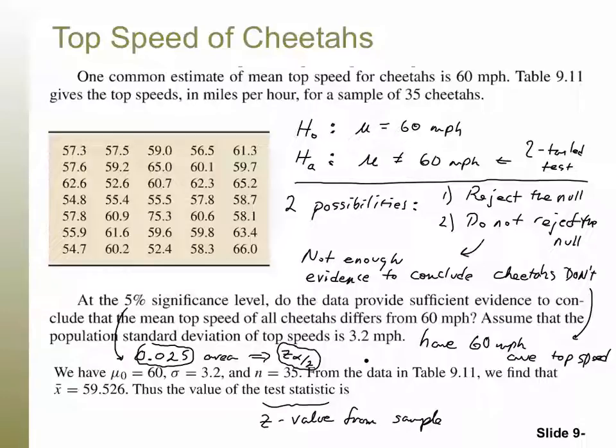So do we have to do anything with the table with that? Now this is higher than that. We would not reject the null, because there's a good possibility that they do run 60 miles an hour.